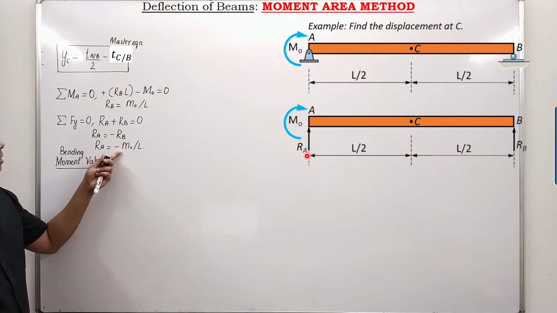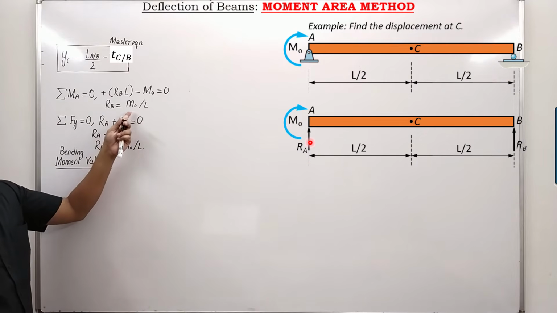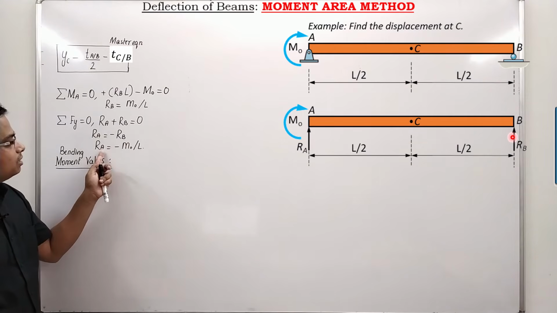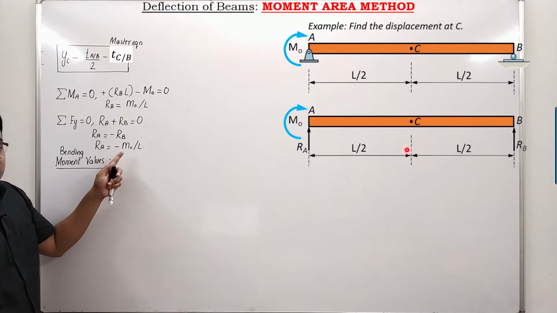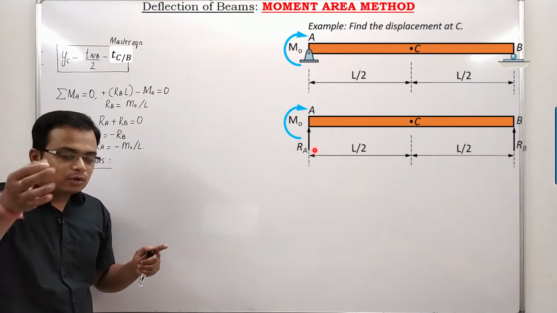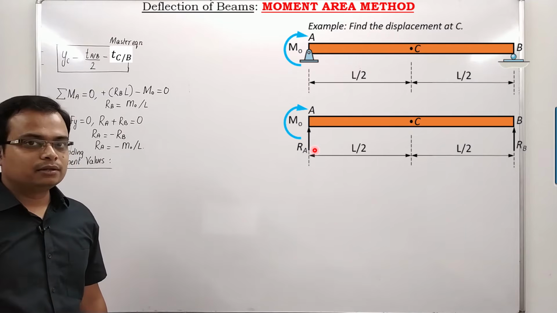What is RA? It is negative. That means the direction that I chose was wrong. RB is positive, that means the upward direction which I chose initially for RB was correct. But this answer of RA is negative, therefore this RA should be in the downward direction.